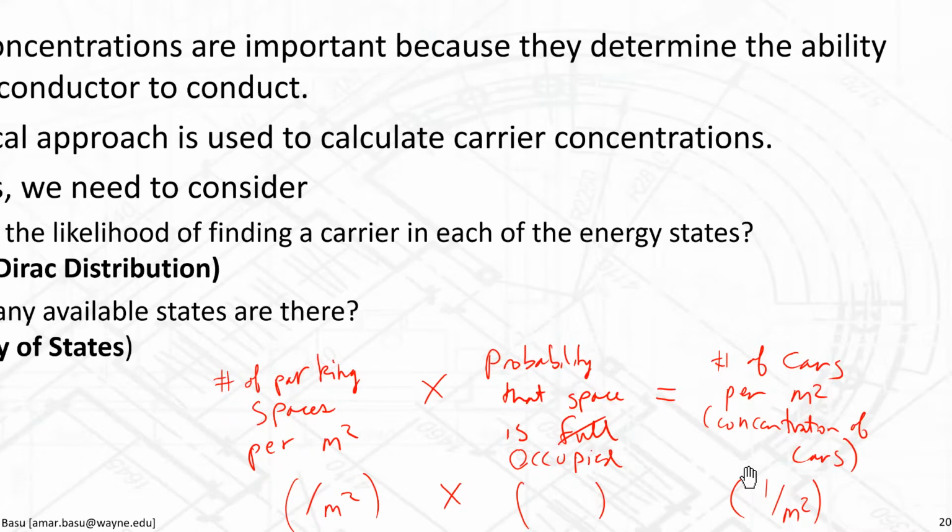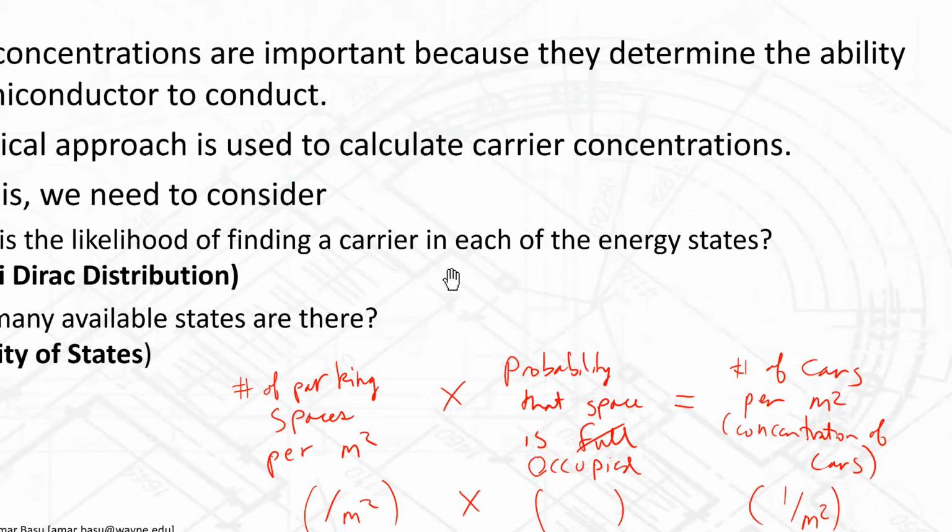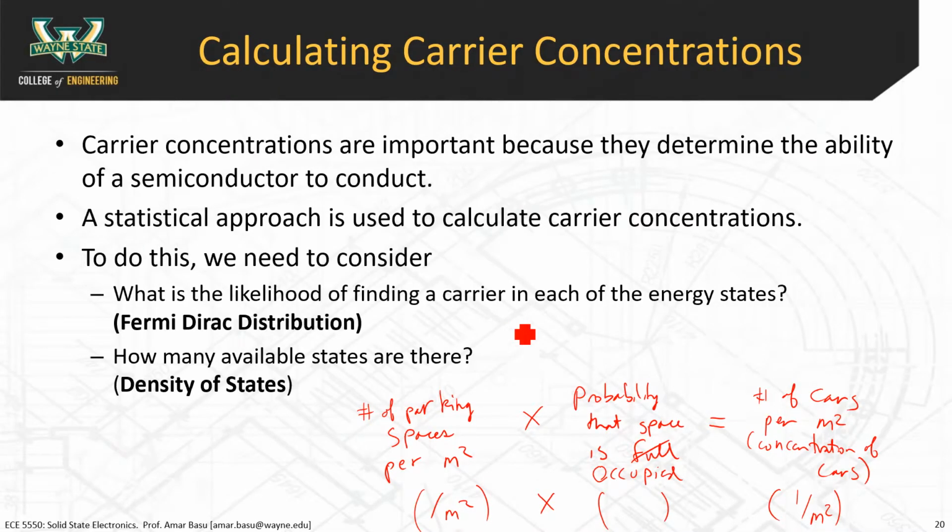So similarly, we can look at the number of states per centimeter cubed. Multiply that by the probability that the state is occupied by an electron.